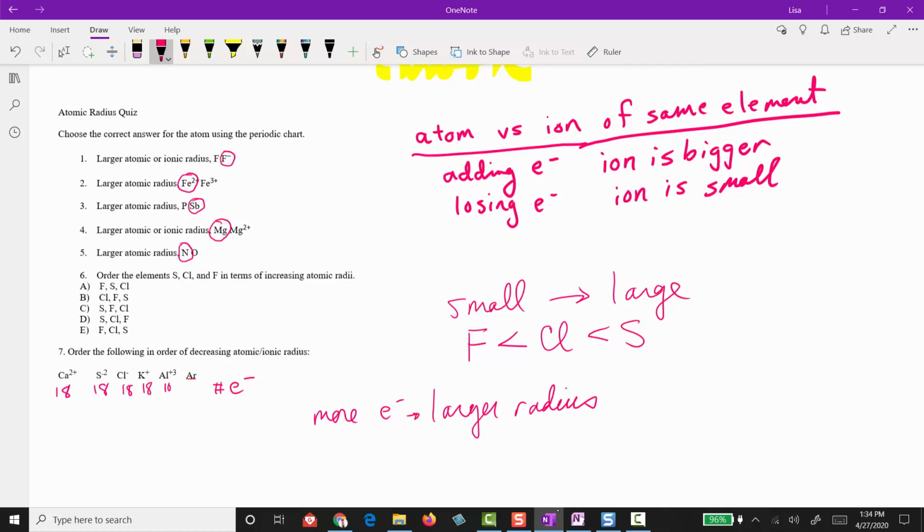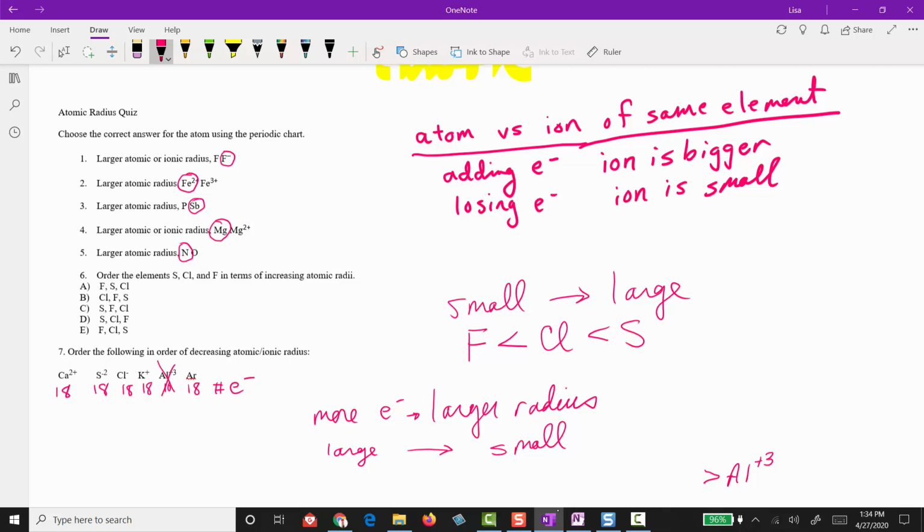And argon, neutral, has 18. Okay, so we want decreasing, so we want large down to small. Well, we already know the one that's the smallest is going to be this aluminum. So I'm going to mark it out as I add it to my list. So Al plus 3 is going to be the smallest.